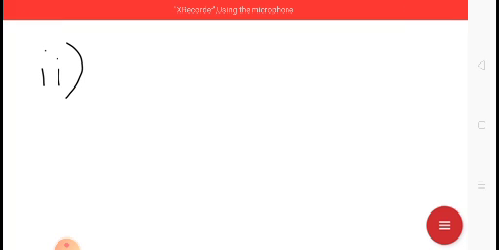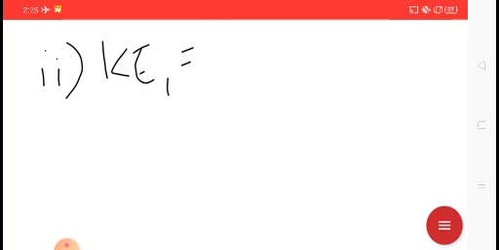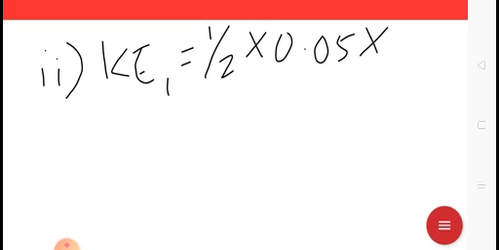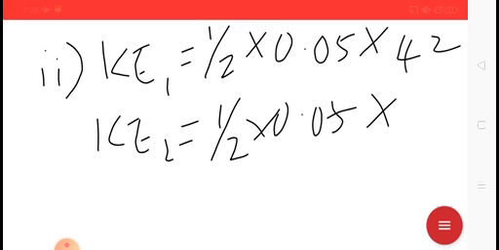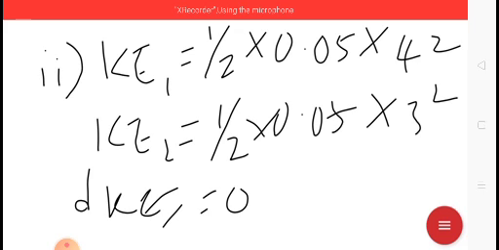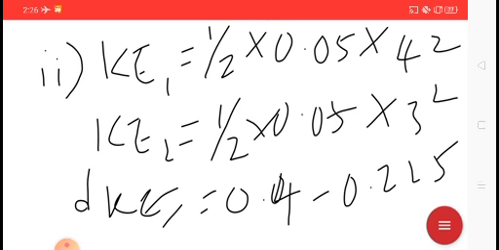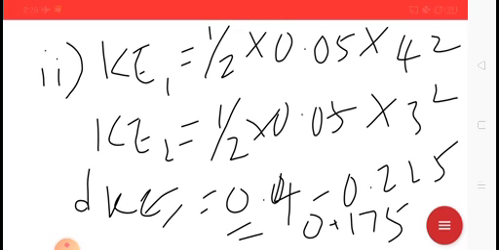The initial KE1 is 1 over 2 mv squared, with 4 squared, and KE2 after impact is 1 over 2 times 0.05 multiplied by 3 squared. By simplifying, the change in KE is equal to 0.4 minus 0.225, so you get a loss in KE of 0.175 joule.